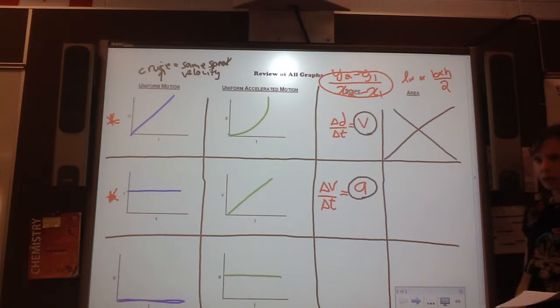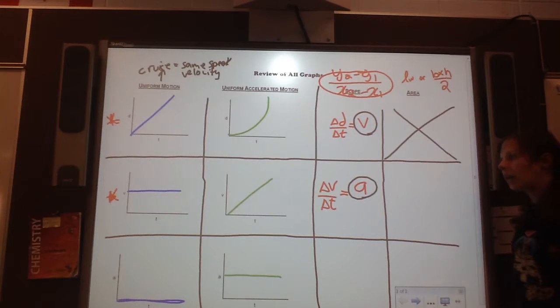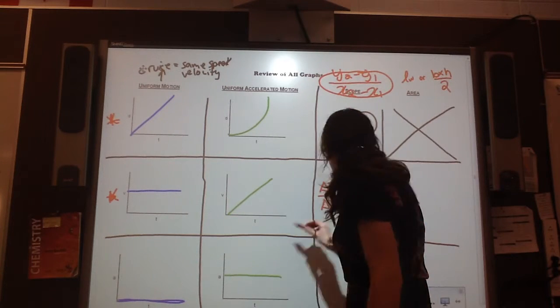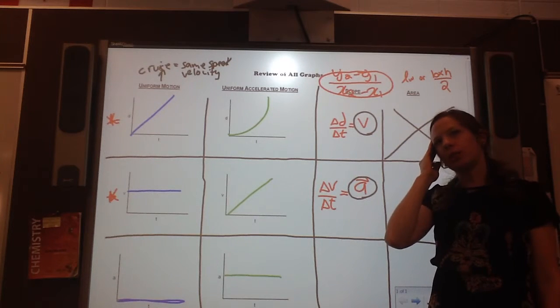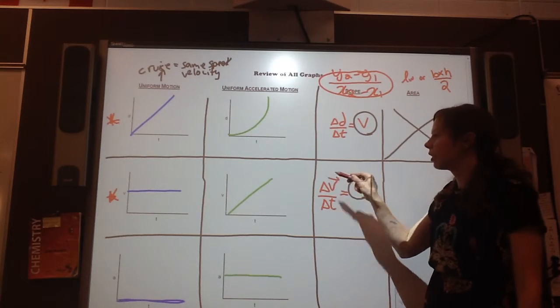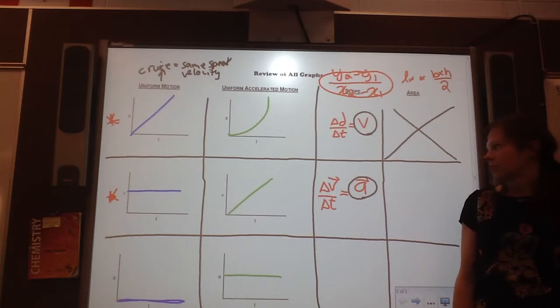Doesn't acceleration have an arrow over it? Yes, I'm just trying to be general, but you're right, for acceleration it has to be a vector.